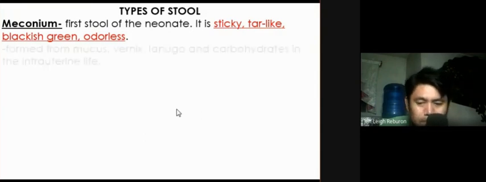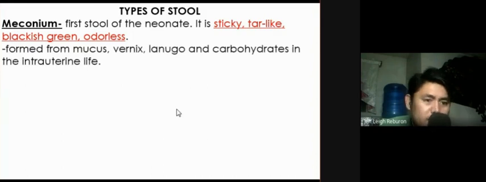Remember that the meconium is formed from mucus, from the vernix caseosa, from the lanugo and carbohydrates that are swallowed by the fetus in the intrauterine life. So the swallowed mucus, amniotic fluid, vernix caseosa, lanugo, and carbohydrates, they turn into meconium.